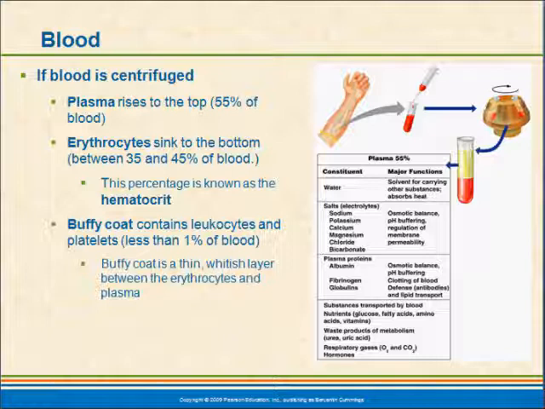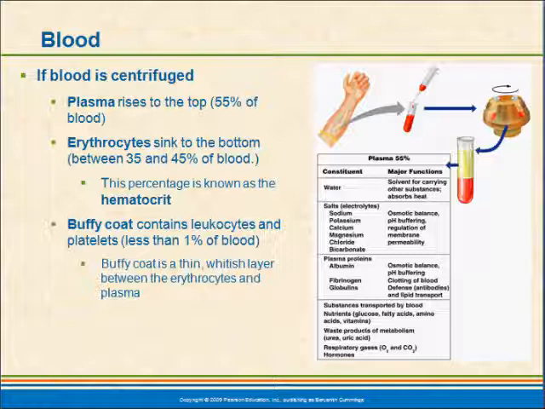Now, there is a thin layer that exists between the erythrocytes, or red blood cells, and the plasma, and this is called the buffy coat, which contains the white blood cells, platelets, some clotting proteins, a few other things, but it is a little whitish layer that shows up in between.